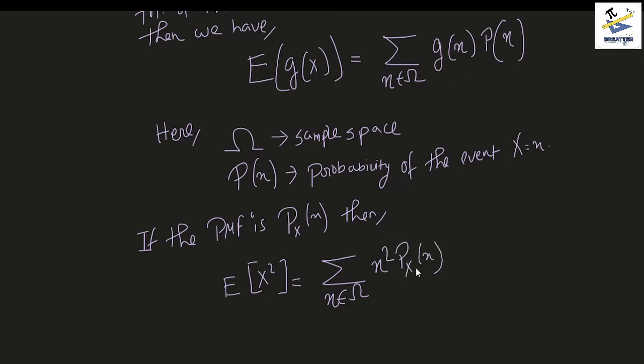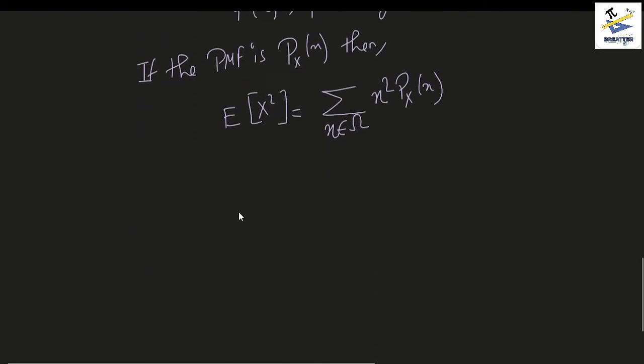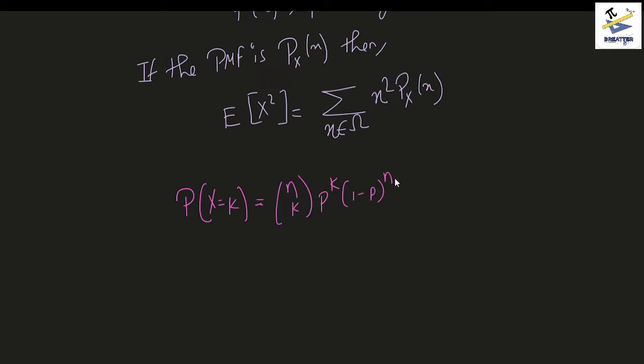So this should be the expectation for X squared according to the LOTUS. And as we have seen before in the binomial distribution, the PMF is given as follows: probability of X equals k was equal to nCk p^k (1-p)^(n-k). Remember how we used it to find the actual expectation. So this was the PMF for the binomial(n, p).